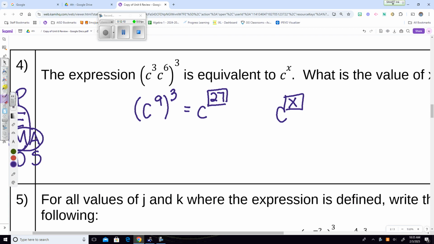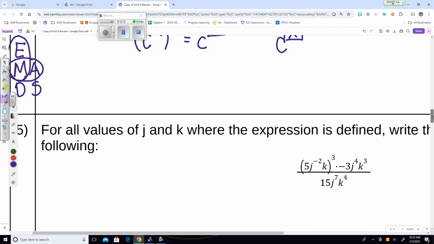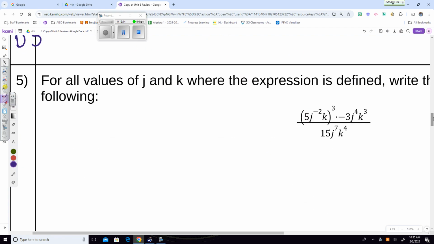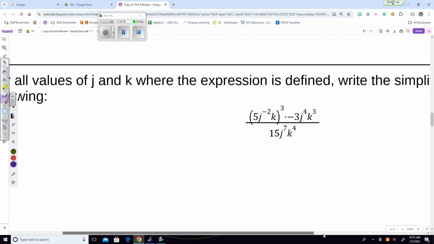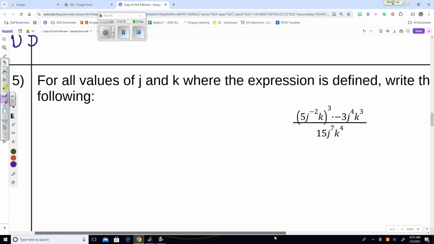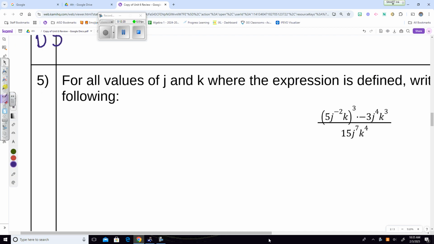Number 5, it says for all values of j and k where the expression is defined, write the simplest form of the following. So we have everything going on here, all the things. So I'm going to write down my PEMDAS.